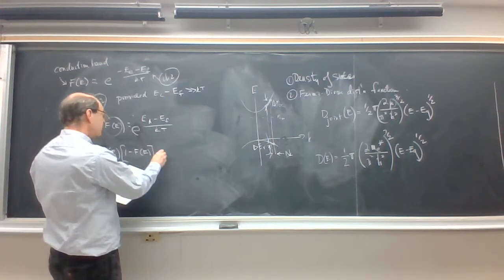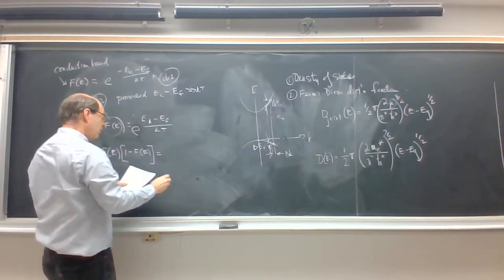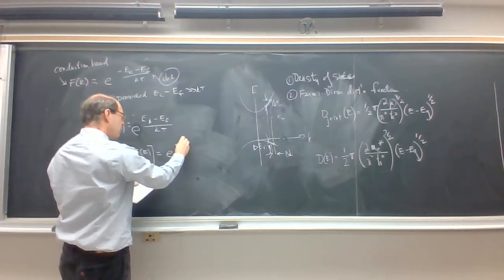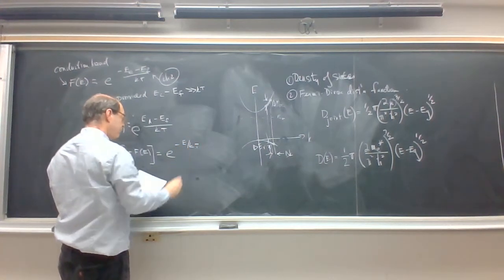So if you multiply these two quantities together, you'll find that that is equal to e to the minus E over kT.